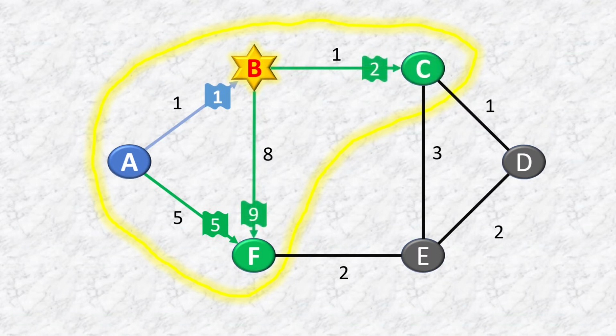If we indicate that, you will see that at this point, the total cost to reach B is 1. That's already indicated in blue. That will never change. We add 1 to B to get to C, and the candidate option F is at a cost of 9 because it's 1 plus 8.